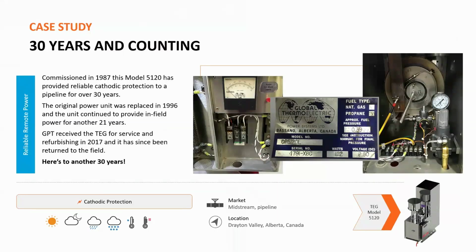It's been providing cathodic protection to a pipeline out there for about 30 years. So in 1996, it did get a new power unit, but then it ran for another 21 years with just regular annual maintenance. We did refurbish the TEG back in 2017, and it has been returned back to the field and has been running since. So it's been running for over 30 years now at this point.